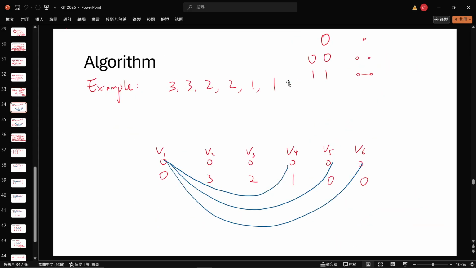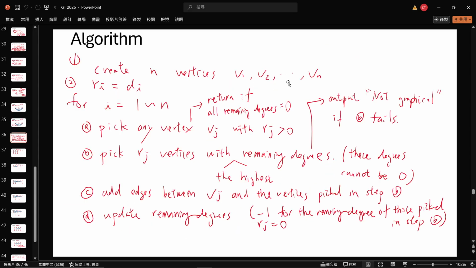That algorithm fails because if we choose the vertices with the fewest remaining degrees, then in some future round you may run into a situation where you cannot find enough endpoints for your Vj. I want to make sure that in the future you have more vertices you can choose as endpoints. So we're going to choose the vertex with the highest remaining degrees.